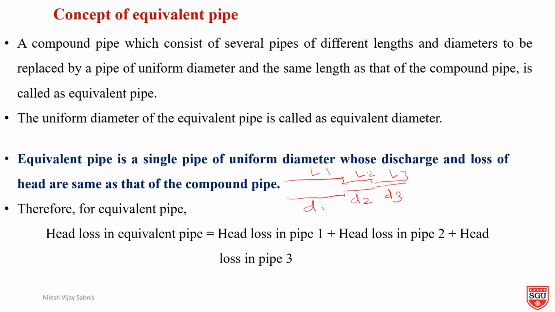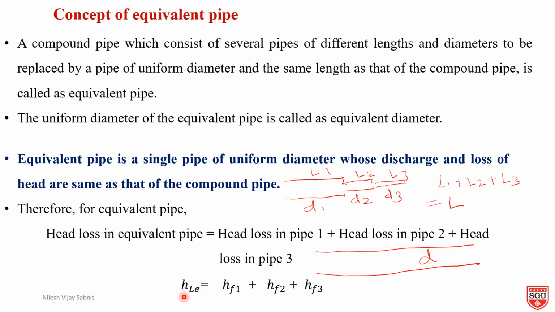We have to construct a single pipe which has length equal to L1 plus L2 plus L3 is equal to L, and it has constant diameter D, and it should have discharge and loss of head same as the compound pipe. Such a pipe is known as an equivalent pipe.